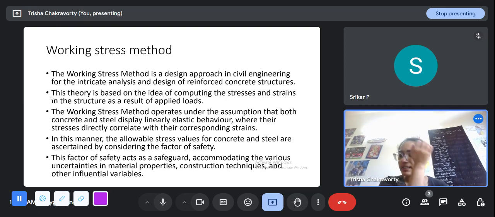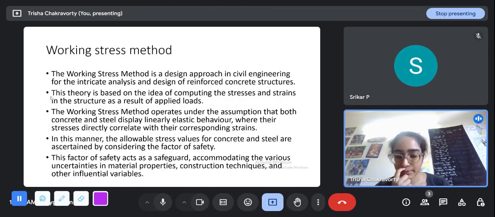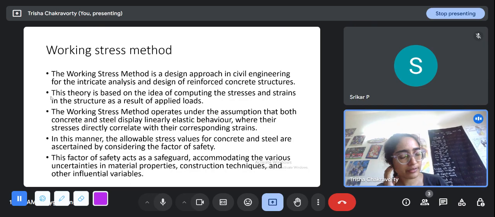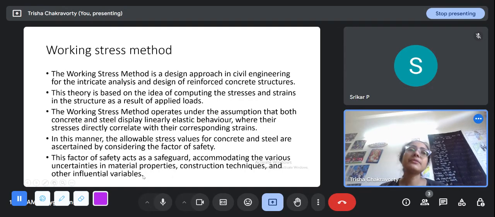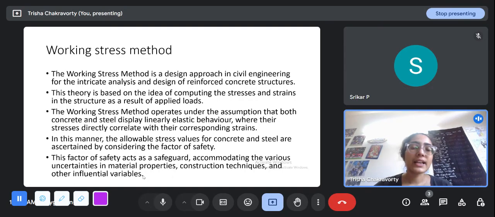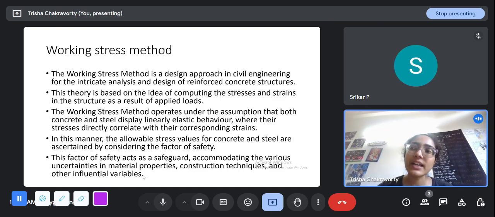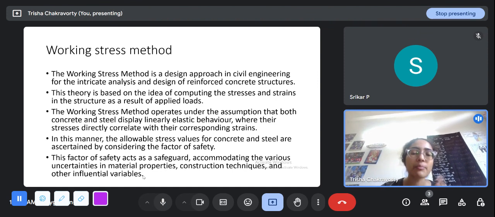This factor of safety acts as a safeguard, accommodating the various uncertainties in material properties, construction techniques, and other influential variables. There could be uncertainty even in the model that we are using. We have some empirical formulas as well to calculate the strength of our element. For example, during design of beams we classify them as slender, compact, semi-compact.